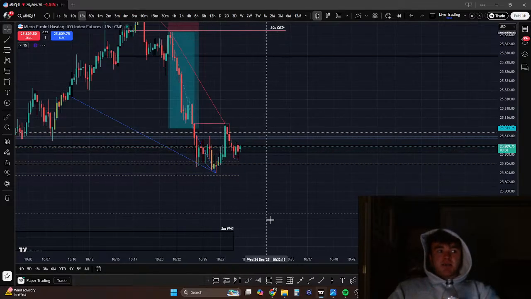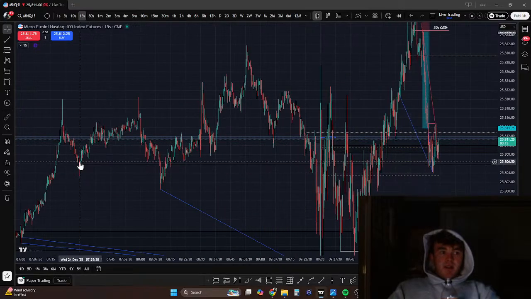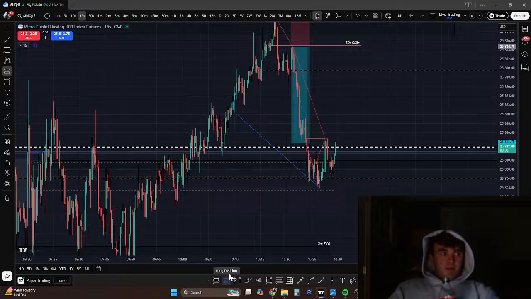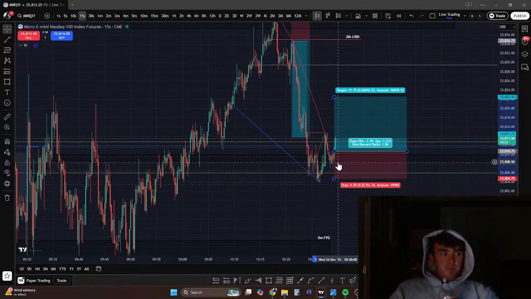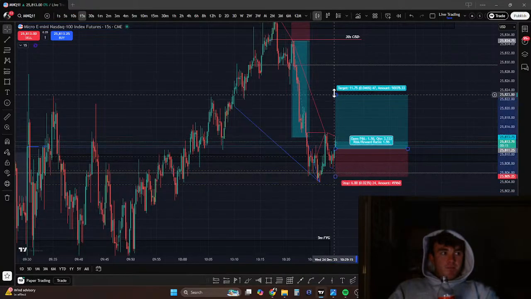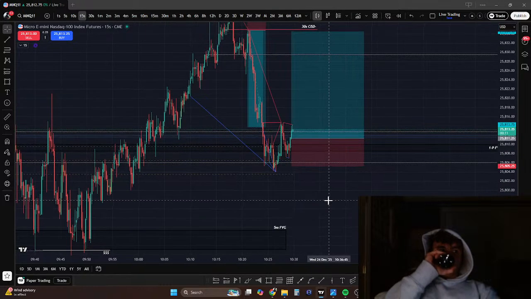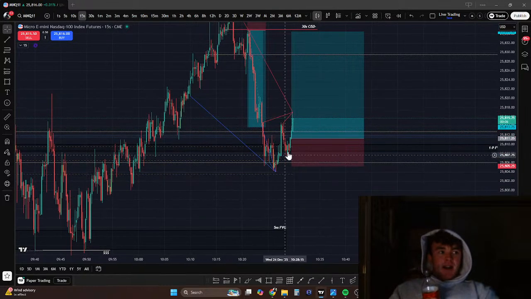15-second change in state to the upside here. We took 730. Dang, this is actually nice. I should have taken it, but I just barely saw it.